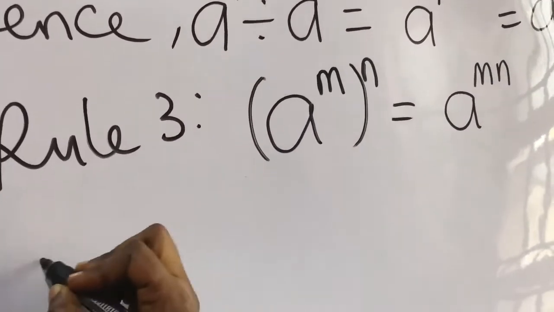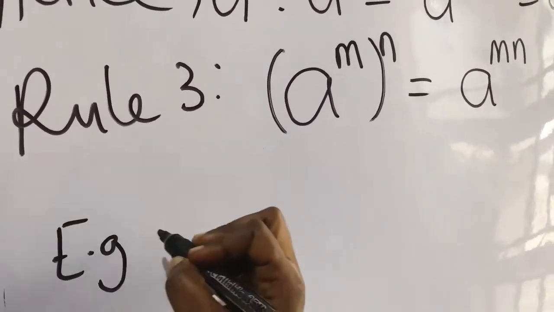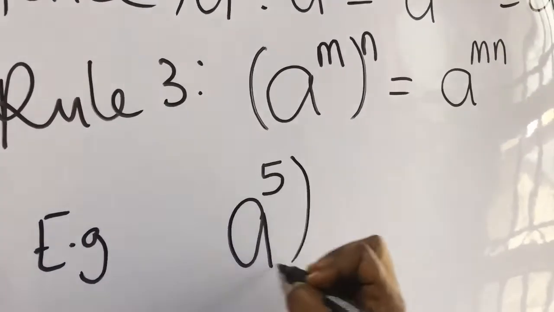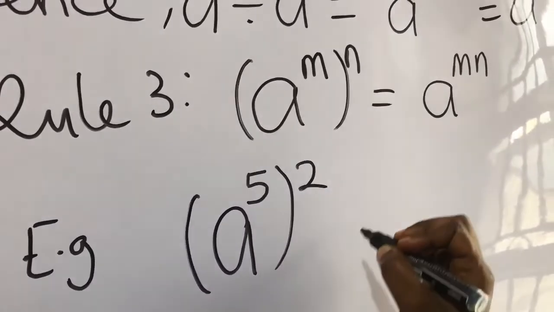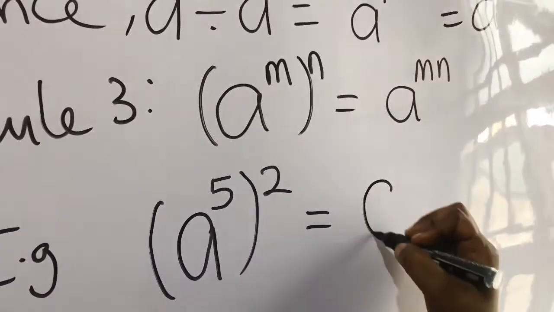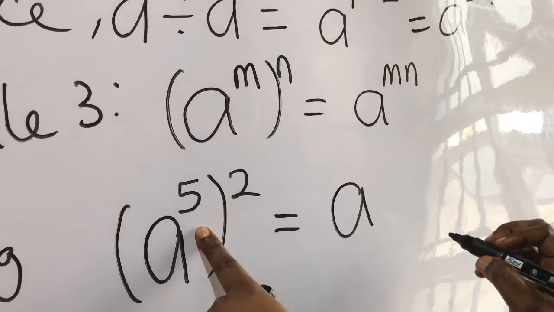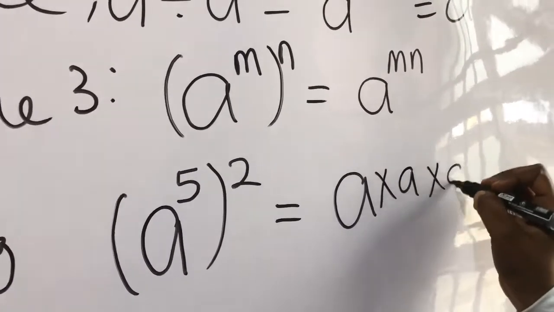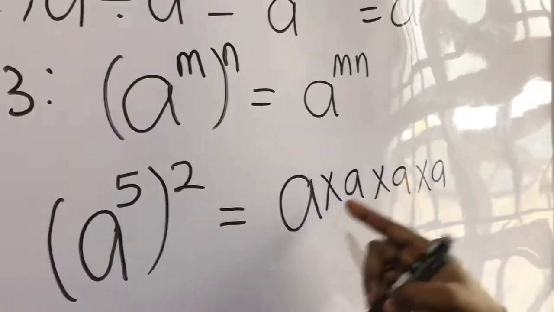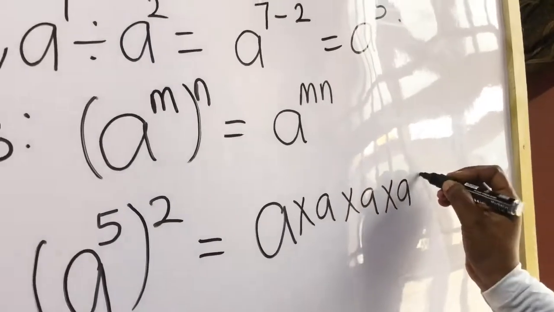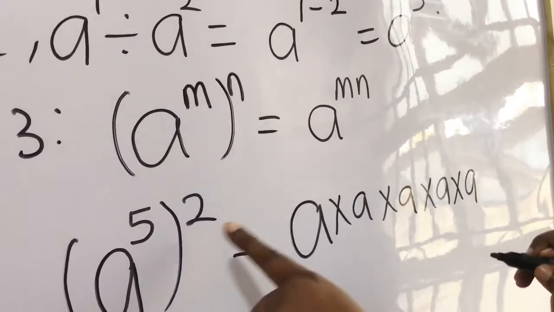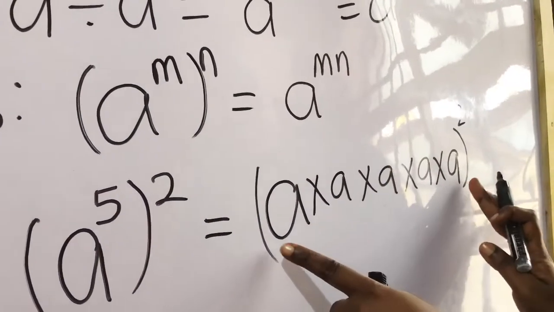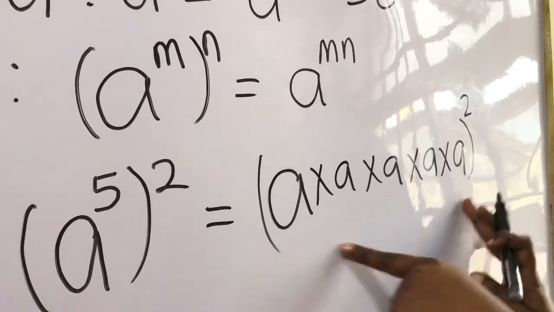So, for example, if we have a raised to the power of 5, then raised to the power of 2, it will be equal to a in 5 places, multiply by a, multiply by a, multiply by a, 1, 2, 3, 4, 5. Then you are going to square it. Squaring means that you are going to multiply it twice.